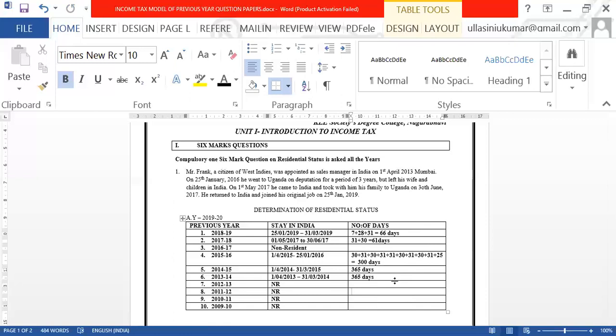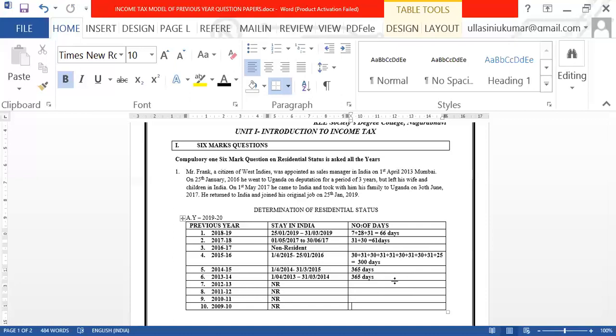So it is more than 730 days, right? So he satisfies both the additional conditions. This means he satisfies one of the basic conditions and both the additional conditions, which makes him resident and ordinarily resident.